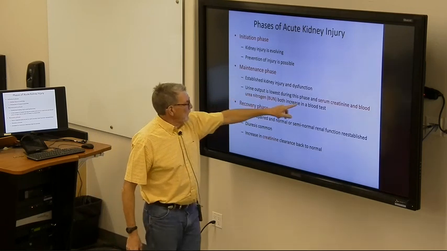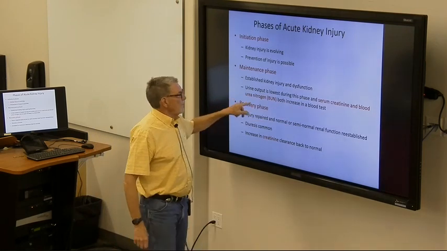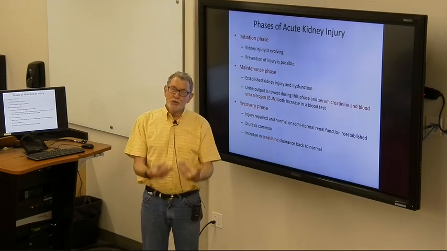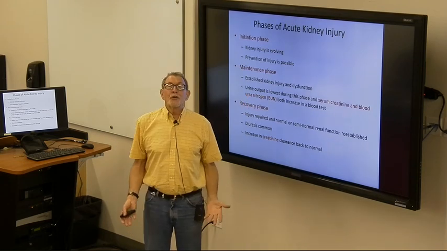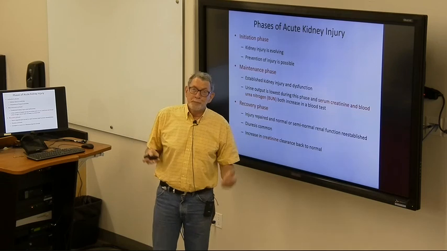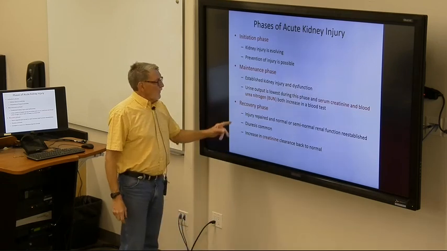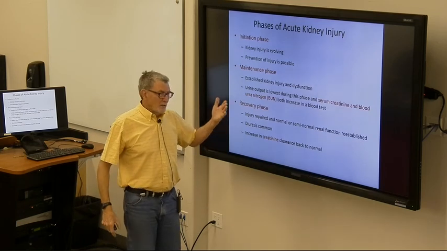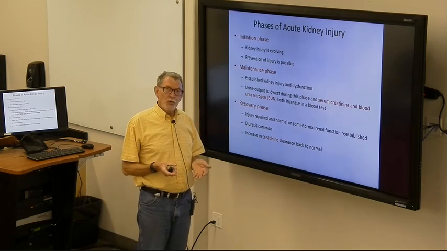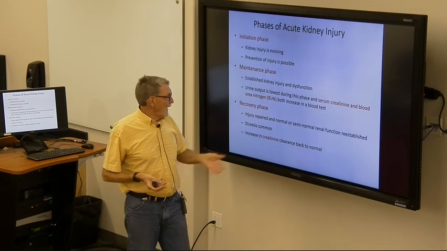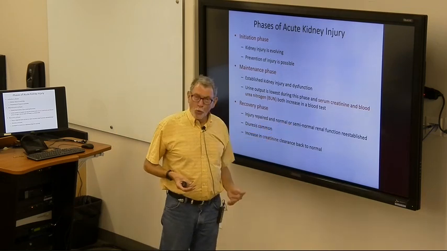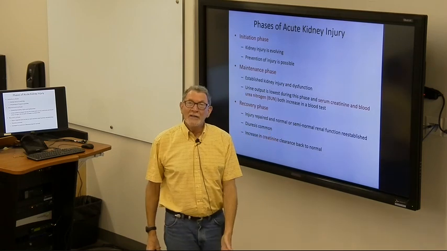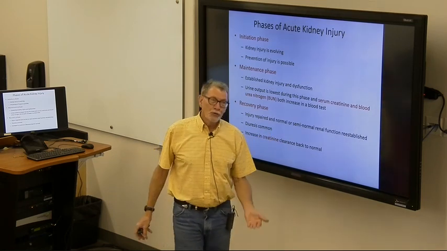Urine output is low right now, and the creatinine and blood nitrogen, these are things you're supposed to pee out, start building up in your blood. And the recovery phase is if you actually heal the tissue, get most of it back, and mostly normal renal function is reestablished, and you pee like mad because you haven't been able to pee in a while.